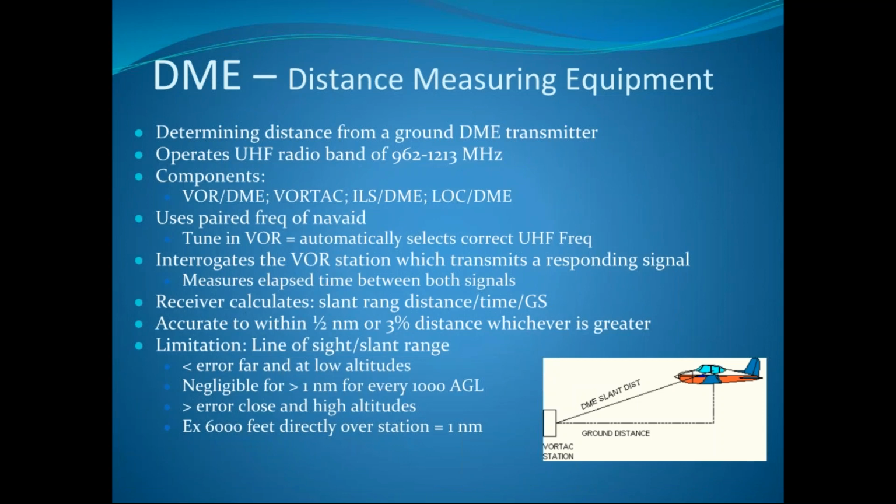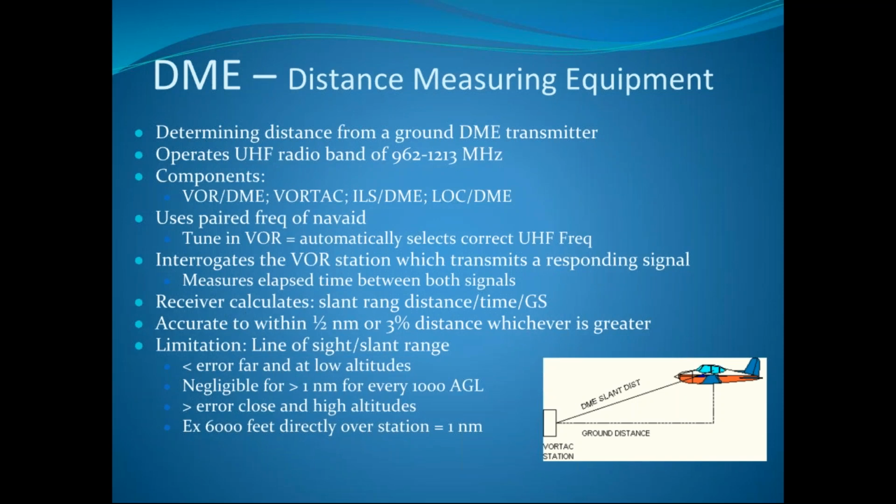DME. So we talked about this a couple times now. It determines our distance from a ground transmitter, and operates on the ultra-high frequency band of 962 to 1213 megahertz.